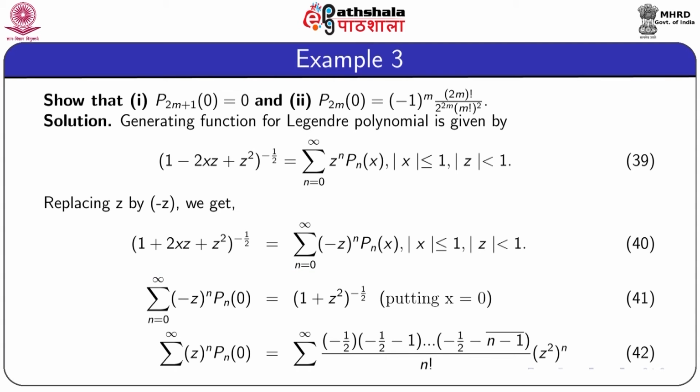Putting x = 0 in equation 42, we get the summation z^n P_n(0) equal to (1 + z^2)^(-1/2). This we expand by binomial to get (-1/2)(-1/2 - 1)...(-1/2 - n + 1) / n! times (z^2)^n, which is given in equation number 44.